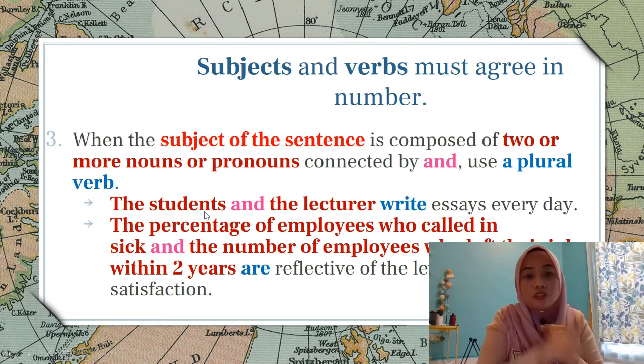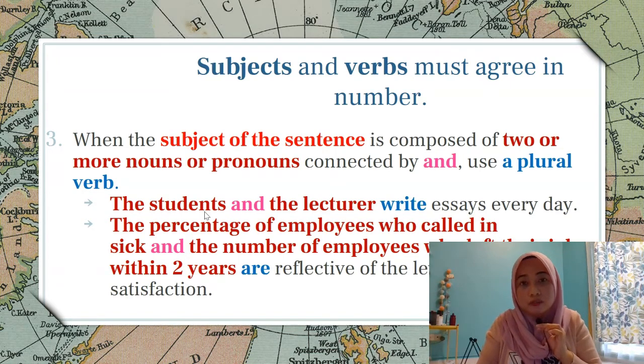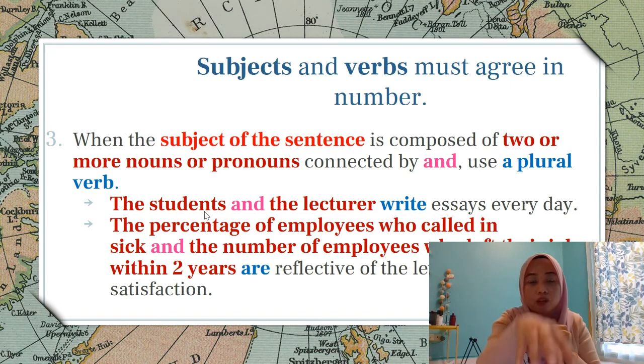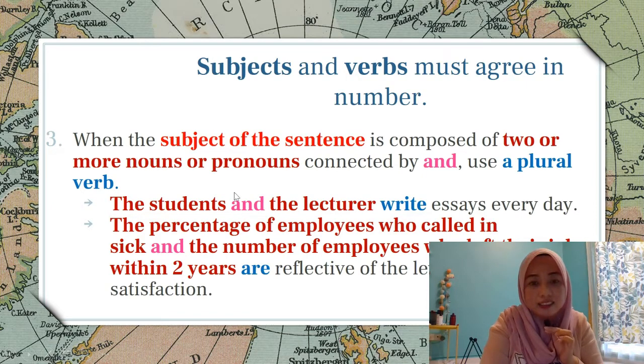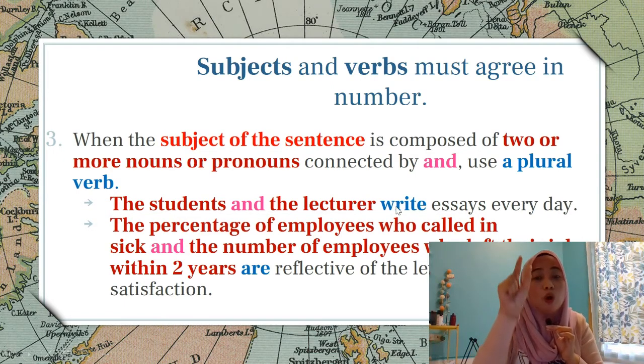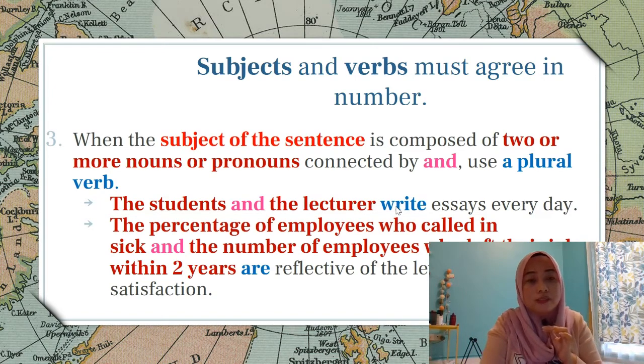The students and the lecturer are now the subjects. So if your subject has the conjunction and, please use the plural verb. Here it's plural in a sense that it's the original verb. Do not put s.